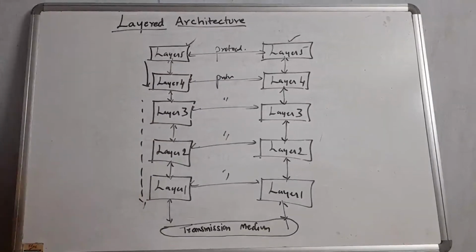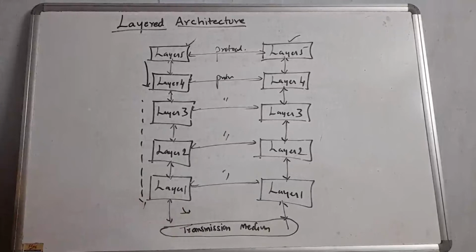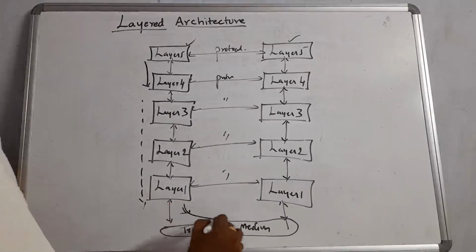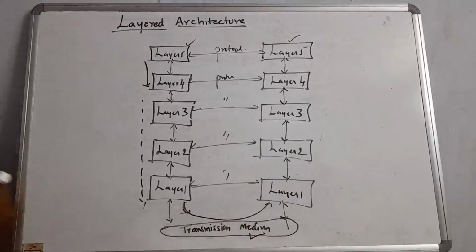Below layer one is the physical medium through which the actual communication takes place.